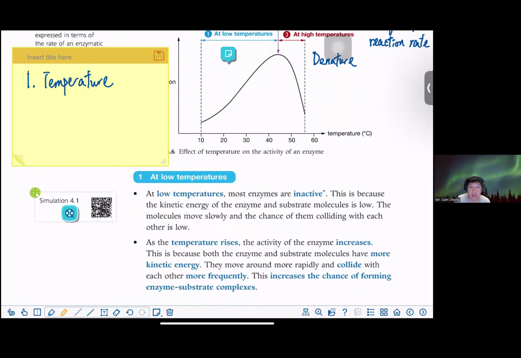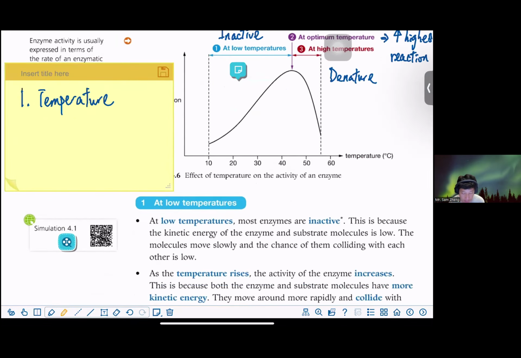Inactive means that the enzymes work at a very slow pace. The reason is that the kinetic energy is not sufficient for the enzymes and substrate molecules to successfully collide with each other. So they will have very low reactivities.